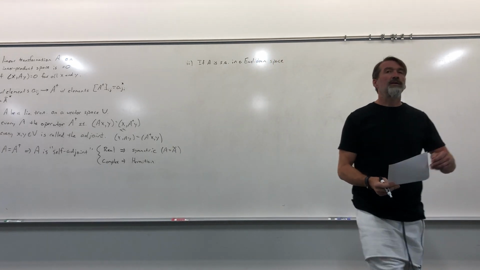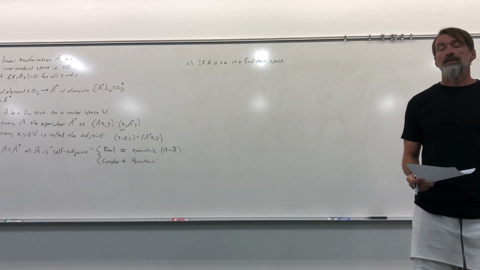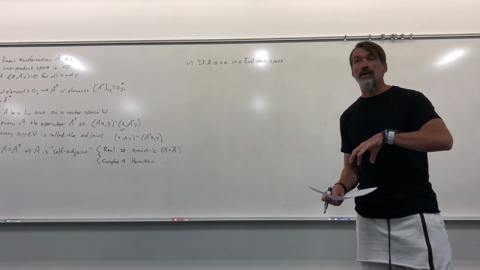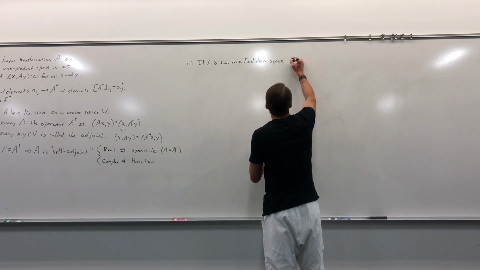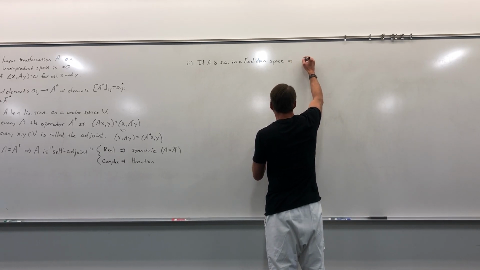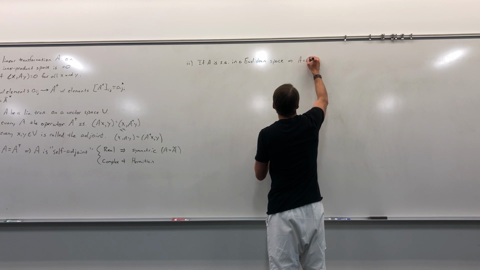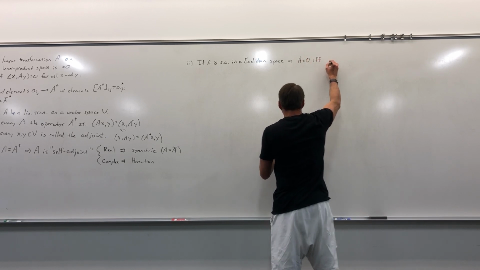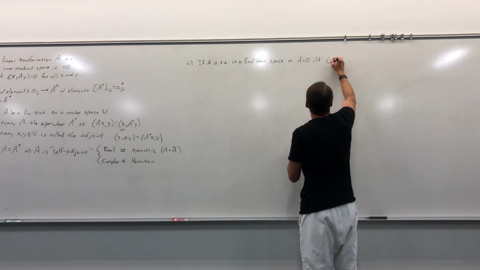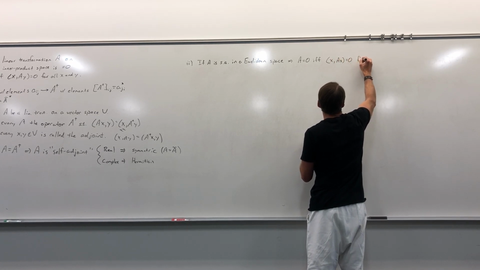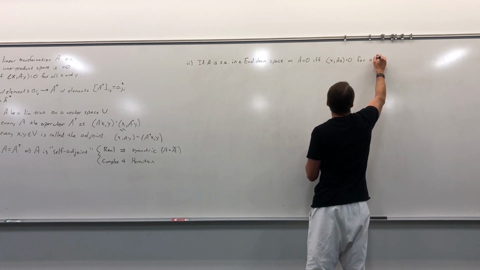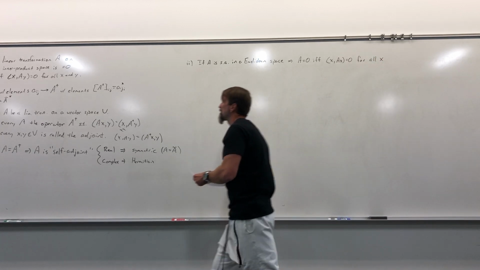So remember, a Euclidean space is a space with a real inner product. A unitary space is a space with a complex inner product. So I'm just going to call it a Euclidean space. Then A equals 0 if Ax equals 0 for all x.